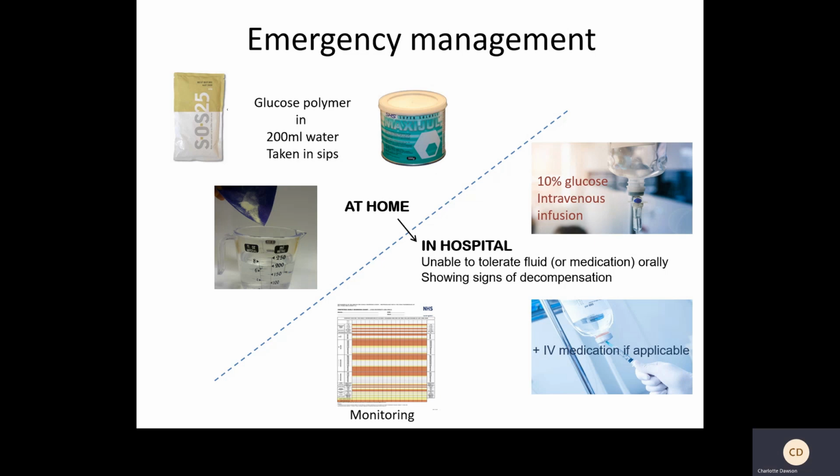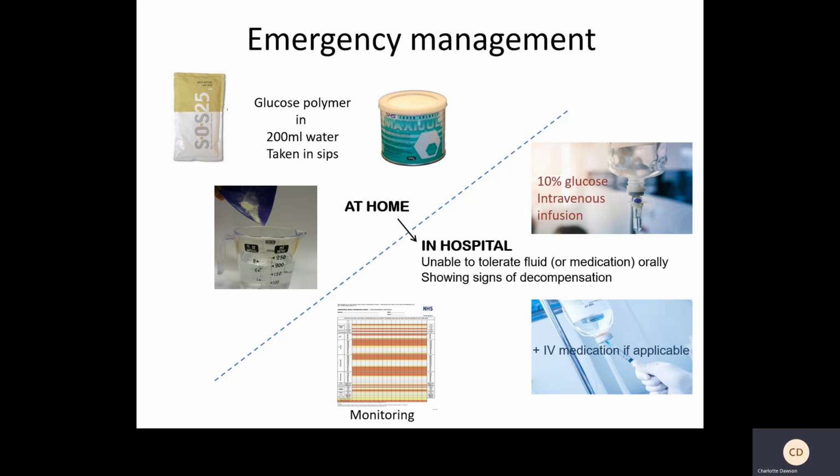So emergency management is largely, if possible, managed at home, and this is where our team of expert dietitians are particularly involved. A patient who is unwell at home will have a supply of glucose polymer in the form of SOS-25 or Maxigel, which is stirred into 200 ml of water and taken in sips.